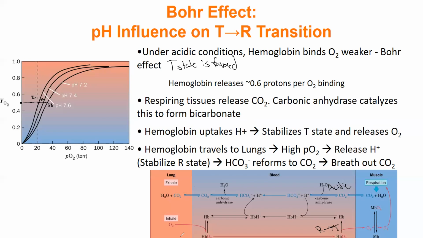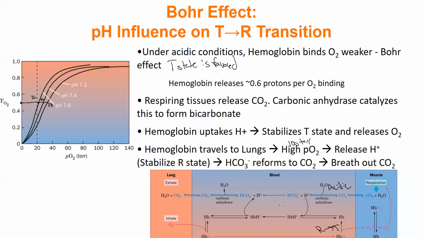Then to the lungs, where you have very high PO2, like 100 torr. Inside the lungs, it's like 100 torr of oxygen. You release that hydrogen because you're going into the R state, because you're binding oxygen. That proton is released to reform CO2, you breathe out CO2, and then the whole thing can start again.